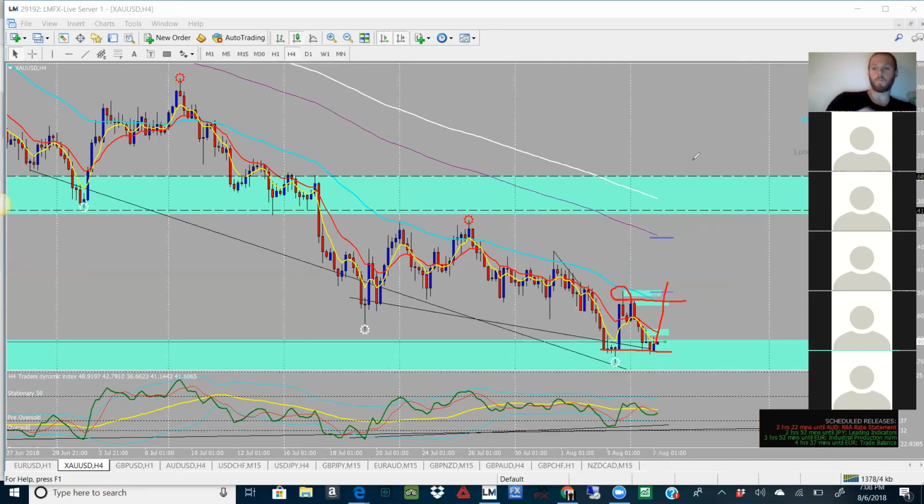Get that in your head. It's a pullback on a higher time frame. This is only a reversal short term. So if this shoots up, you're looking for it to shoot up, break the high, then do the technical thing, retest, and go back up to the next zone, which is also going to be lined up perfectly with the Mayo. So that's what you're going to be waiting for.